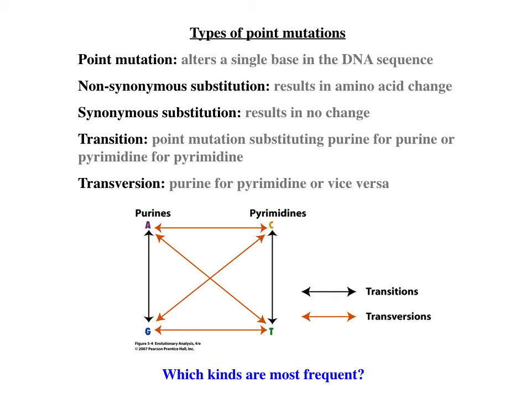As you can see, there are more possibilities for a transversion type mutation, but if you look at the frequency, actually transition mutations happen more frequently because you're substituting a purine for a purine, or a double ringed nitrogen containing base for a double ringed nitrogen containing base, rather than a single ring for a single ring, as is the case with substituting a pyrimidine for a pyrimidine.